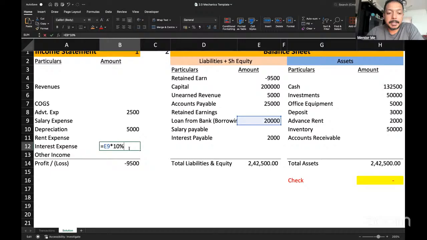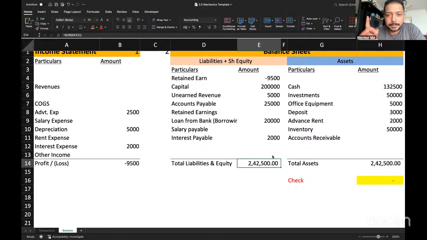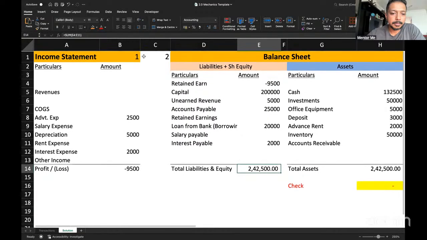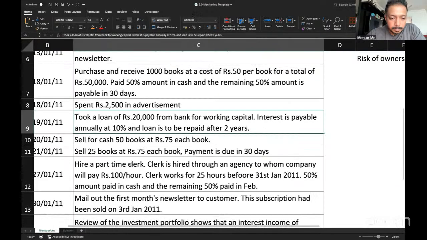Your interest expense reduced your retained earning by 2,000, right? And at the same time, your interest payable increased by 2,000 and the balance sheet tallied. So every transaction, the balance sheet has to tally, without which it cannot happen. Okay.